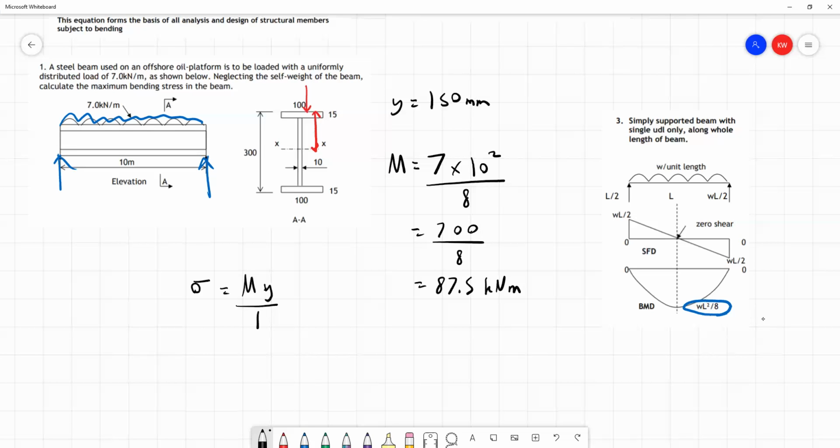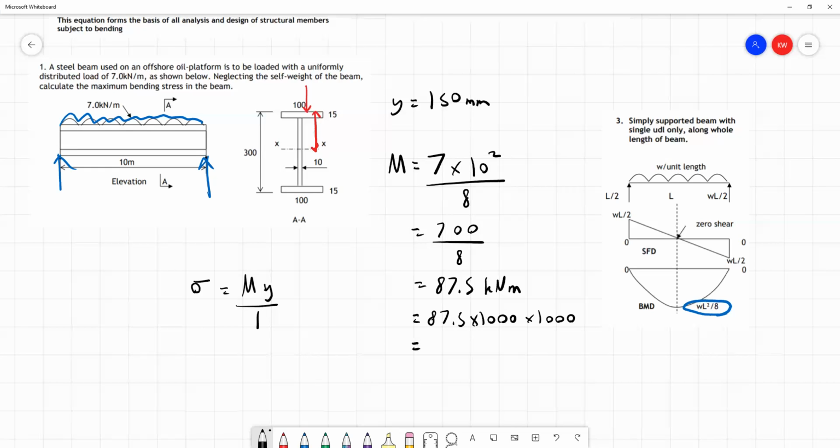Well, if we remember that a kilonewton is 1,000 newtons, and a meter is 1,000 millimeters, that means it's actually going to be 87.5 times 1,000, because 1,000 newtons in a kilonewton, times 1,000, because 1,000 millimeters in a meter.